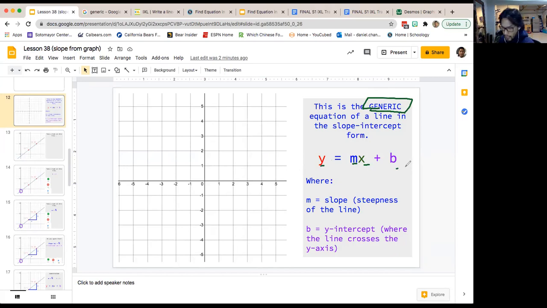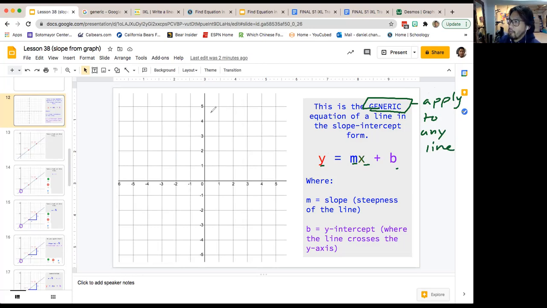What does that mean? Well, this is the generic equation of the line. And the word generic means it could apply to any line. Generic means it is not specific, and it relates to a whole category of things.